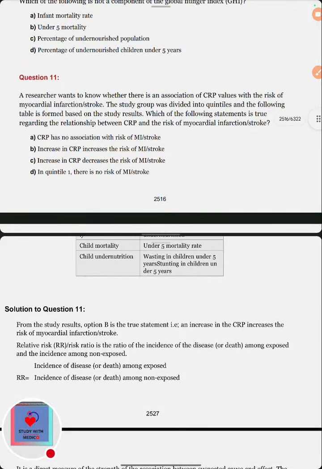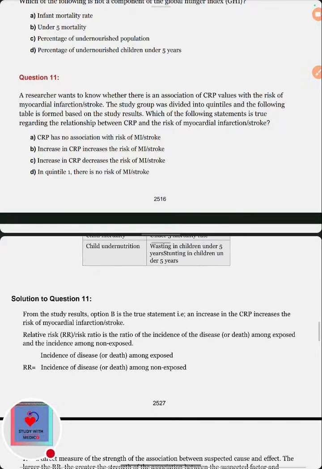A researcher wants to know whether there is an association of CRP value with the risk of myocardial infarction. The group was divided into quintiles and the following table is formed based on the study result. Which of the following statements is true regarding the relationship between CRP and risk of myocardial infarction?